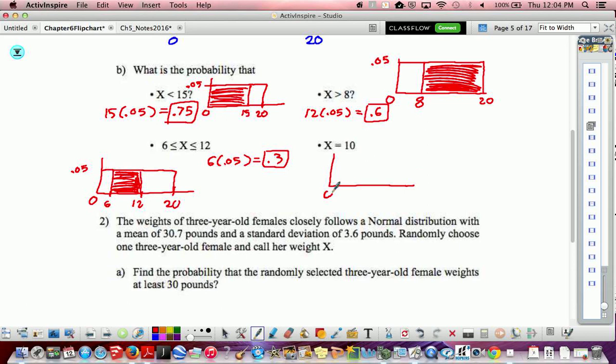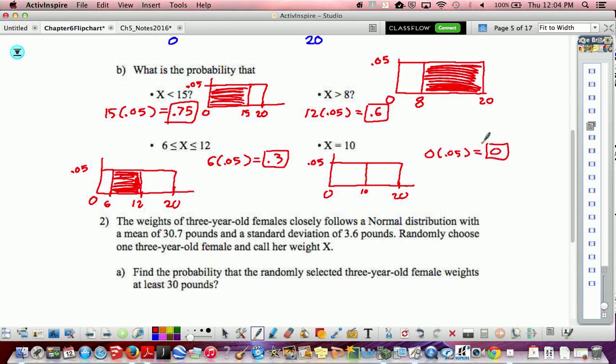Okay, so 0, 20, 0.05. I'm looking for x equaling 10. What's the base? It doesn't have a length, does it? 0. Times the height of 0.05 is 0. That's why it's 0.